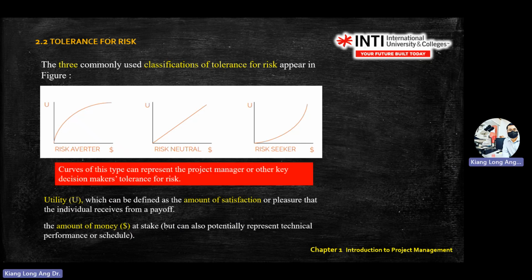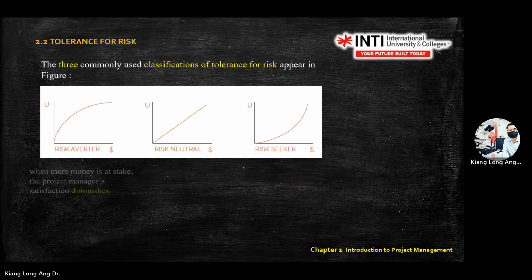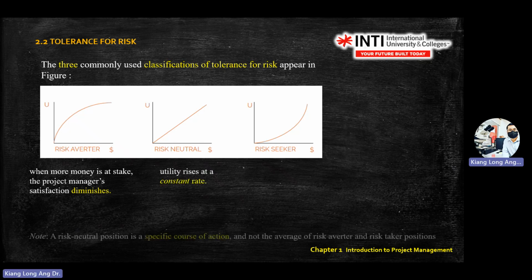So what does it mean? It depends on what kind of risk management project manager you are. For example, the first one, if you go towards X, it means you are given more money.